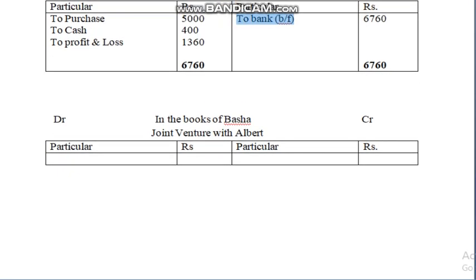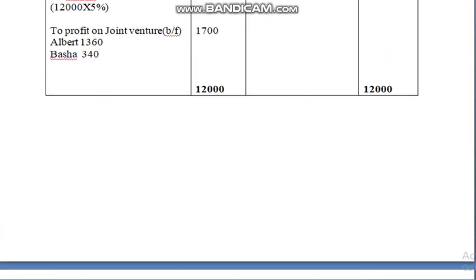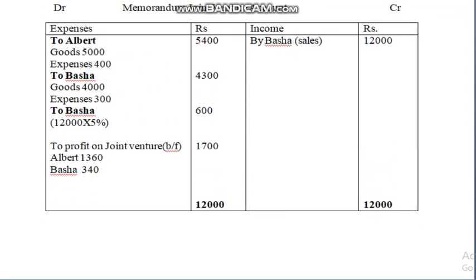The next account, the personal account of Basha in the books of Basha, joint venture with Albert. Here we have to record only the transactions relating to Basha. So come to the memorandum joint venture account. The first transaction is relating to Albert, so ignore it. The second one is relating to Basha: goods purchased 4000 and expenses incurred 300.